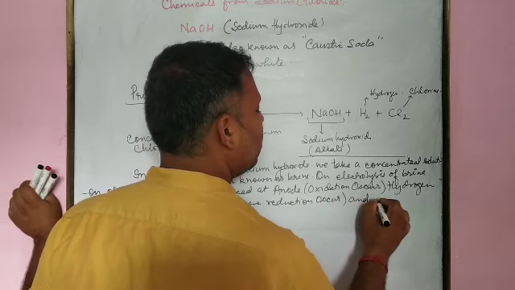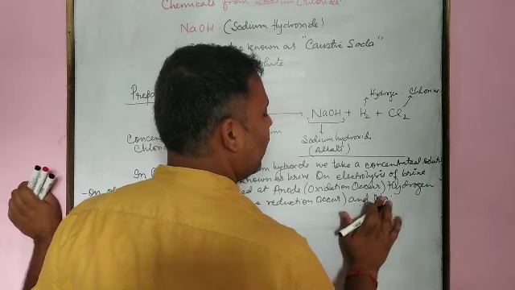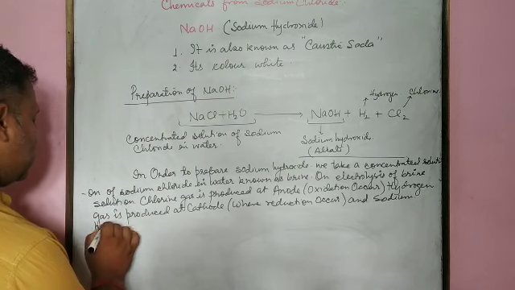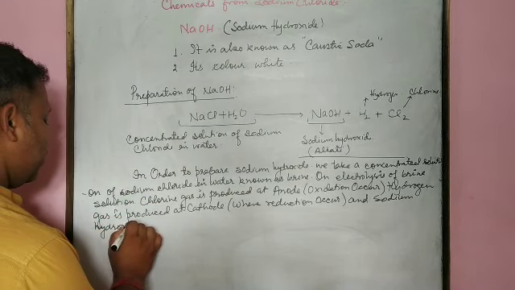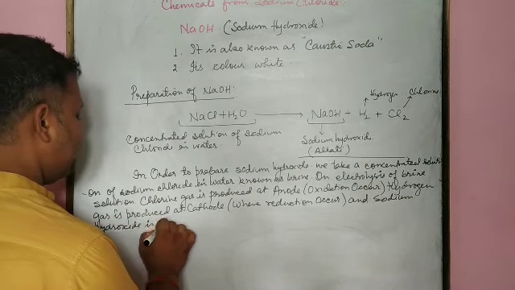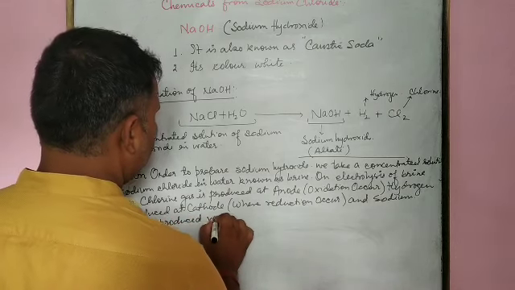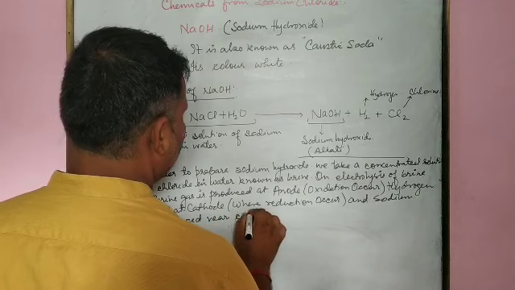And sodium hydroxide is produced near the cathode.